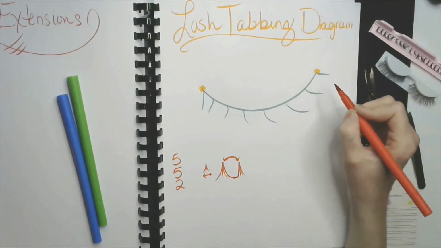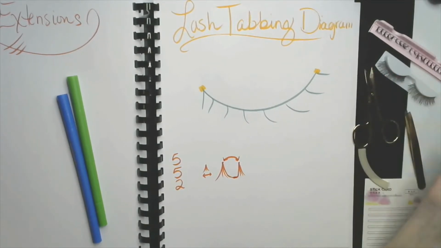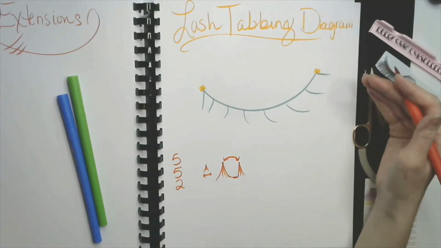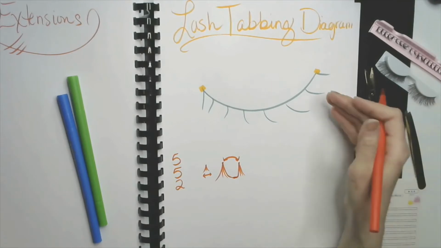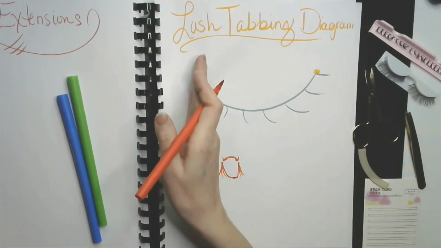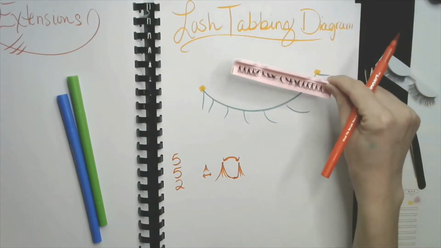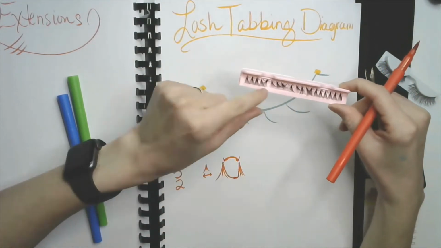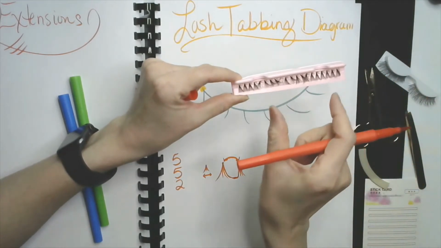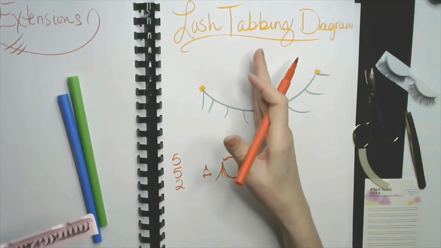Okay, so I'm going to draw this in a bigger scale. So you're doing this as an enhancement, per se, just from the outer corner to the middle of the eye, but you certainly can go from the outer corner to the inner corner of the eye. Because you only have one strip of the lash tabbing, which has 20 lashes, you're going to do one eye and one eye, so 2 eyes total, but from the middle out.